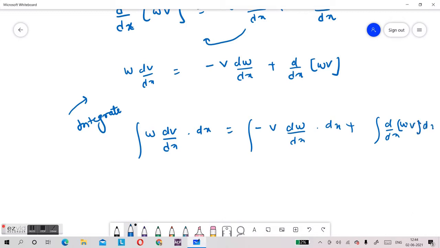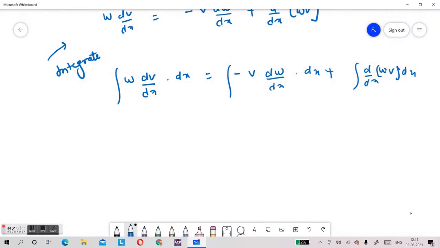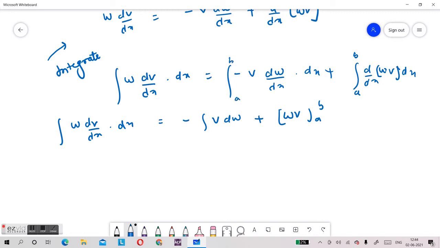Then this becomes the integral of w dv/dx dx equals minus the integral of v dw/dx dx plus wv from a to b. Here the whole limit is a to b. So this is our formulation.